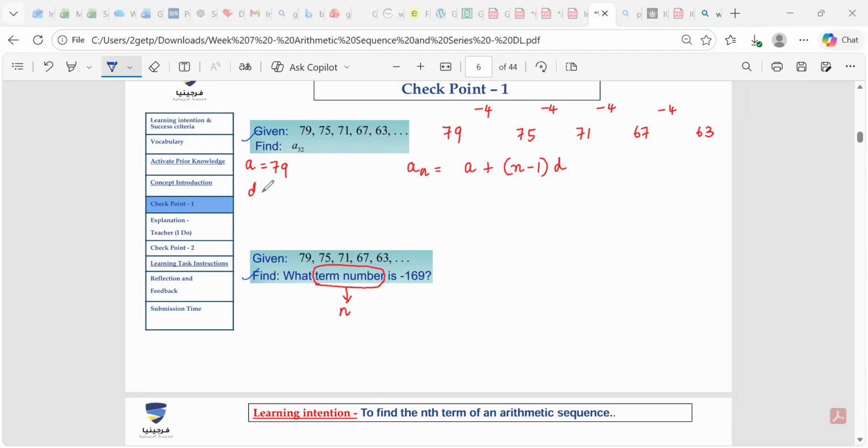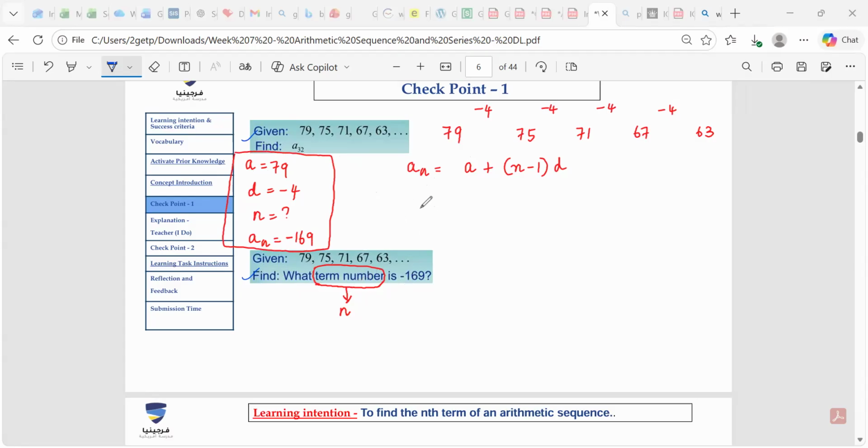So the common difference is negative 4. And the term number, n, is what we need to find out. Here, the nth term is minus 169. We just have to substitute all the information in the formula.